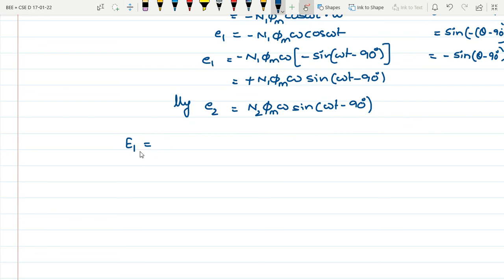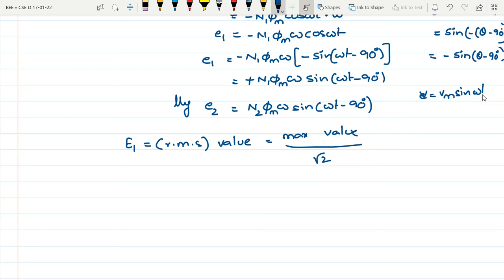Maximum value by root 2. I forgot it. Even is nothing but RMS value. So RMS value is nothing but maximum value by root 2. RMS value of a sinusoidal quantity is nothing but maximum value by root 2. Here e is the instantaneous value. So instantaneous value, mathematical expression is what? E of t is equal, or v is equal to Vm sine omega t.